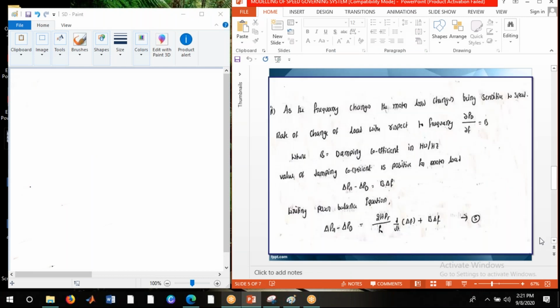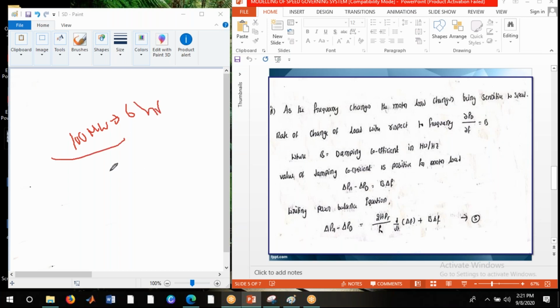Now we see the second case. As the frequency changes, the motor load changes, being sensitive to speed. What is the main consideration in this case? What is the relation between load demand and frequency? Suppose your load is 100 megawatt at a 6 hour duration interval.